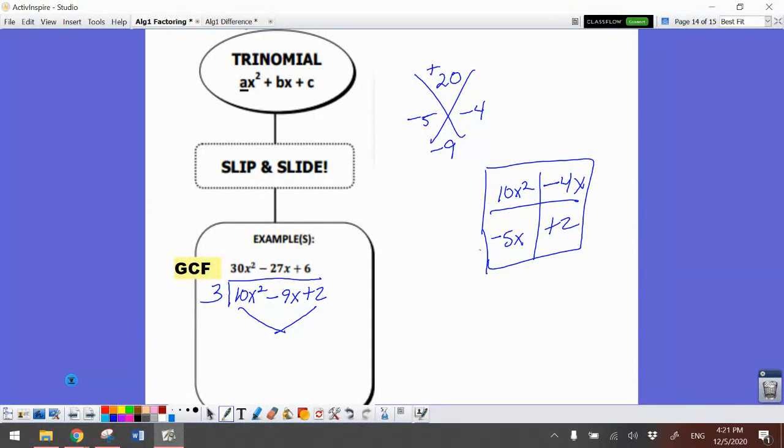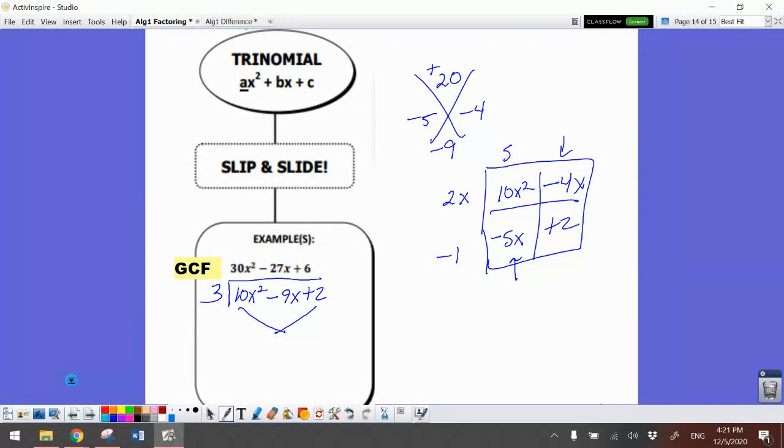What can I take out? Well, I know I'm going to have to take out a negative because if there's a negative in this first box, it has to come out, okay? So I'm going to take out a negative 1. Here, I'm going to take out a 2x.